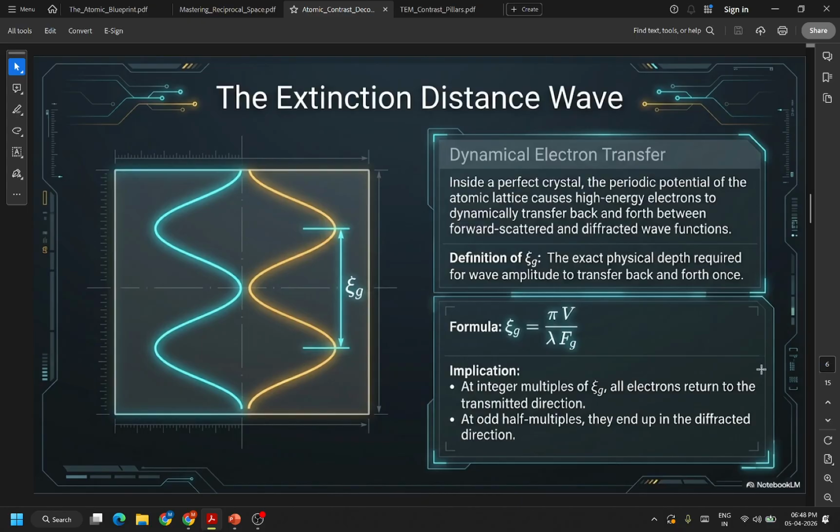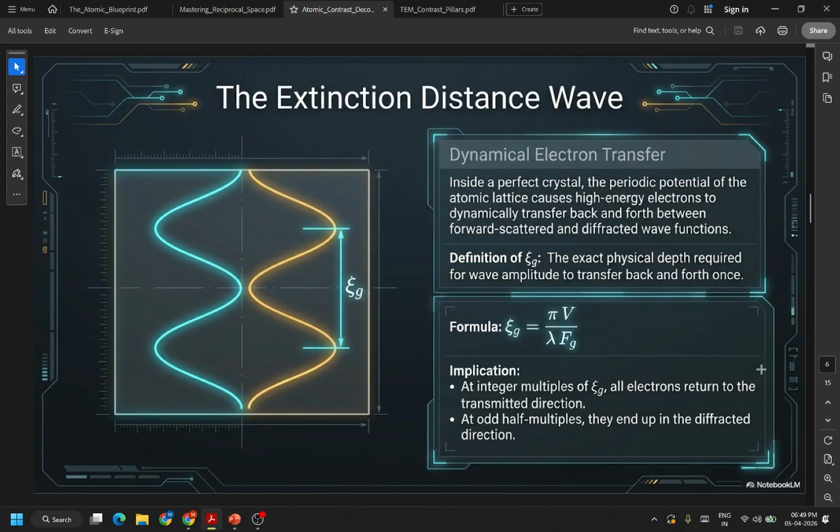Inside a perfect crystal, the periodic potential of the atomic lattice causes high energy electrons to dynamically transfer back and forth between forward scattered and diffracted wave functions, and this defines the extinction distance epsilon g, the exact physical depth required for wave amplitude to transfer back and forth once, and epsilon g equals pi V by lambda Fg.